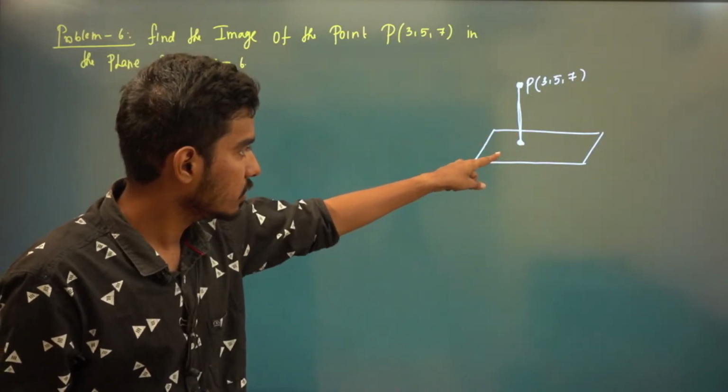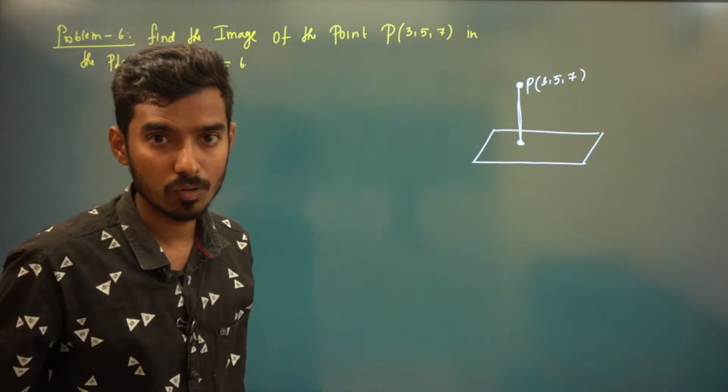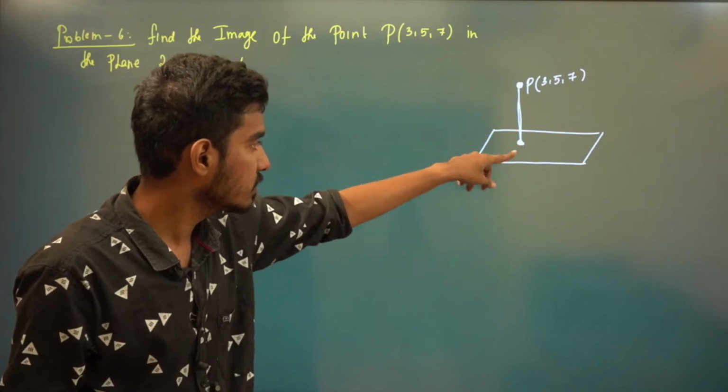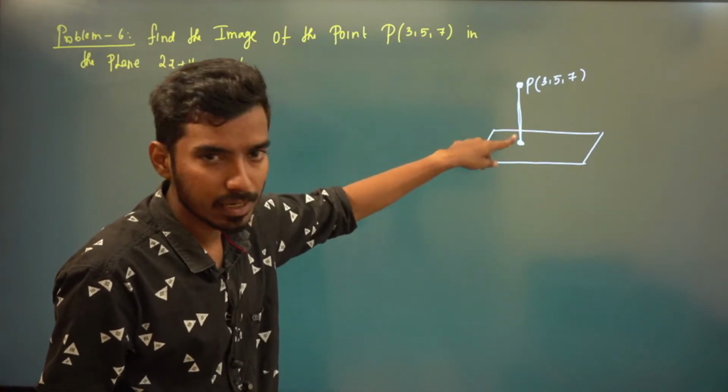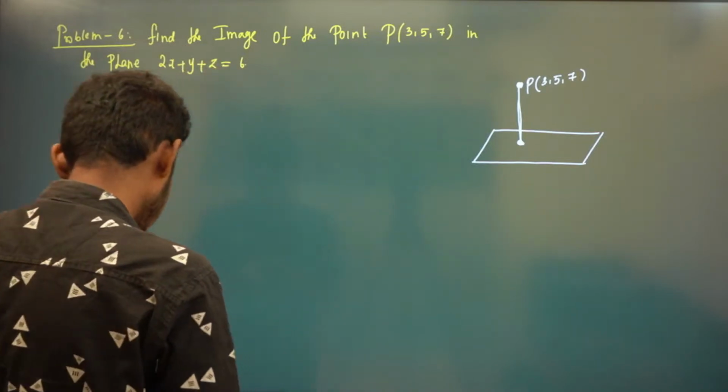The image is nothing but where the line cuts this plane. Yes or no? The image of the point P is nothing but where this perpendicular line cuts the plane. I just write down what I have said.